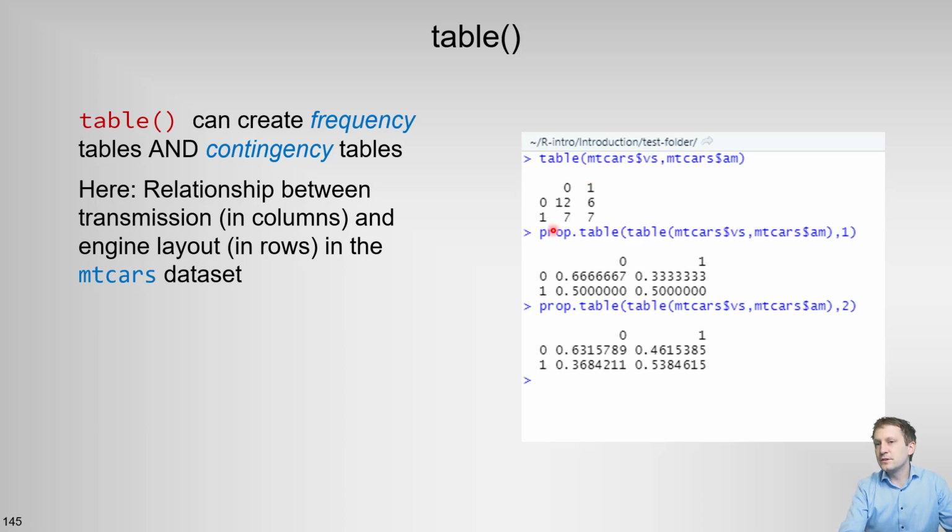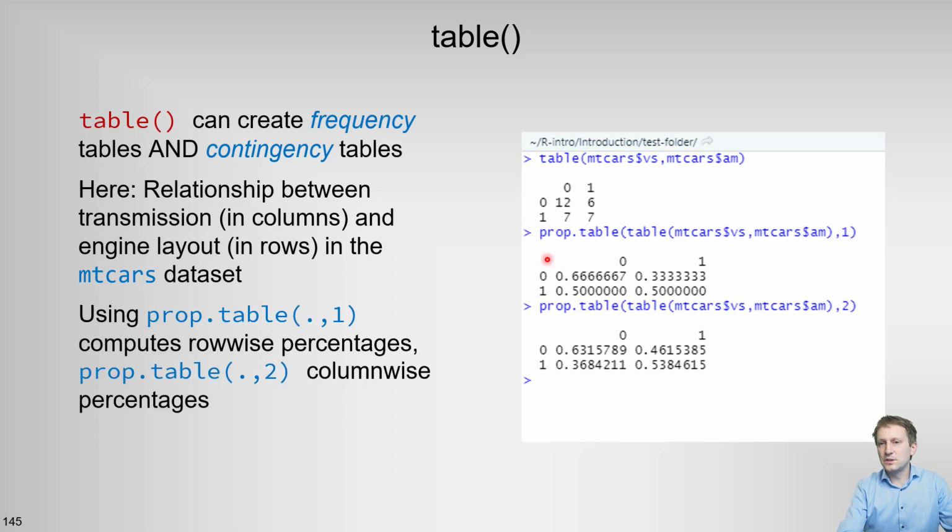This is the resulting contingency table that you get, showing you the absolute counts. On top of that, you can use the prop.table function to show you either the row-wise percentages. If you use comma 1, it shows you row-wise percentages, which means that rows will add up to 1. Or if you set that argument to 2, you get column-wise percentages, and here the columns add up to 1.